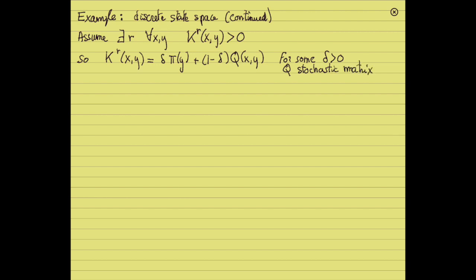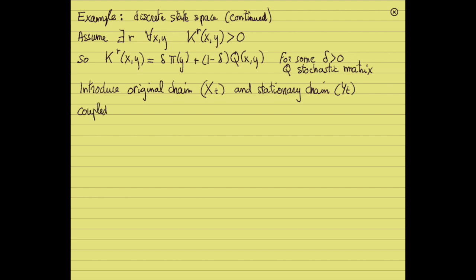And so then we can introduce a coupling between our original chain X and the stationary chain Y. We're going to imagine the coupling via the way that we sample X and Y over R steps.